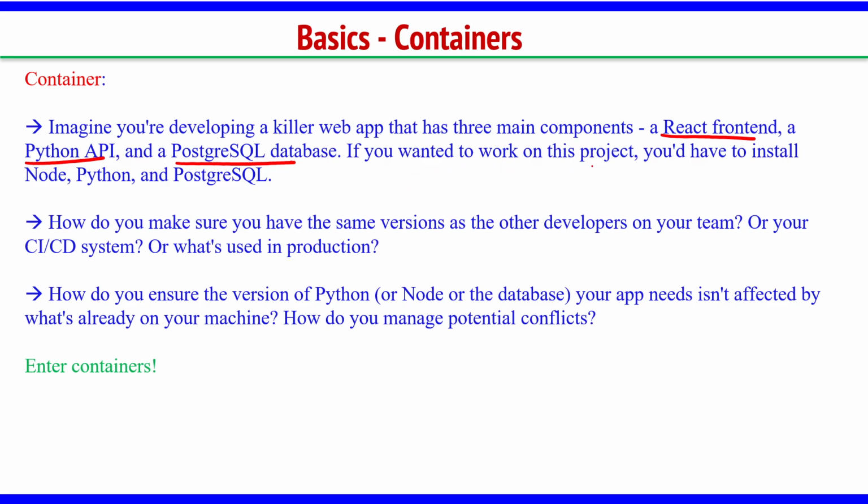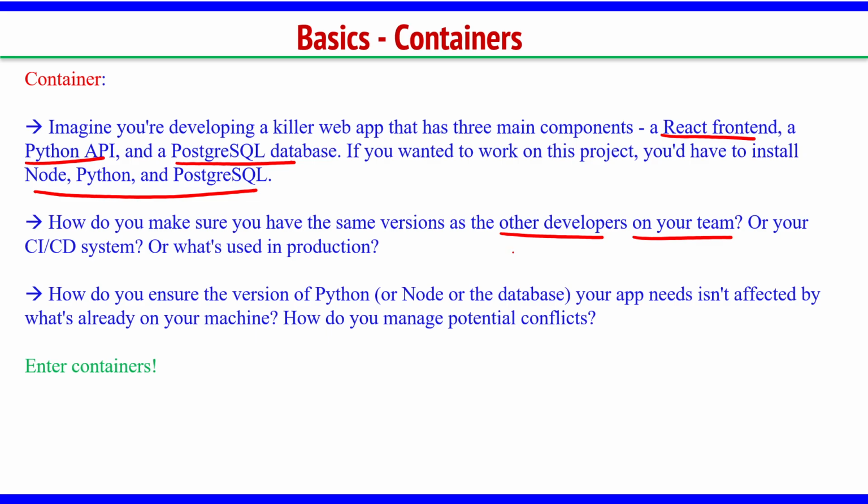If you wanted to work on this project, you would have to install these three. If in my machine, in my laptop, I want to build such an application, I have to install all these three. Then how do you make sure that you have the same versions as the other developers on your team? Do we check this?